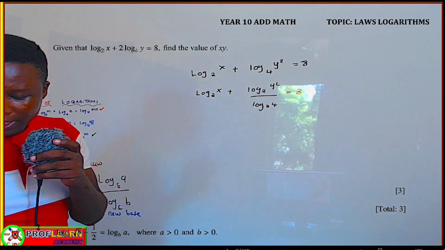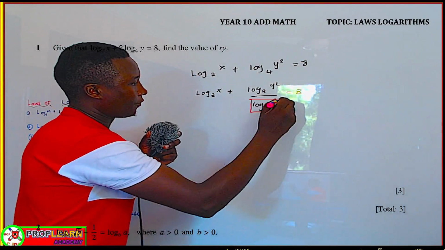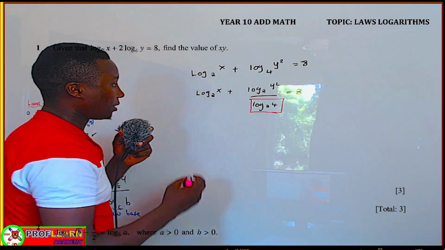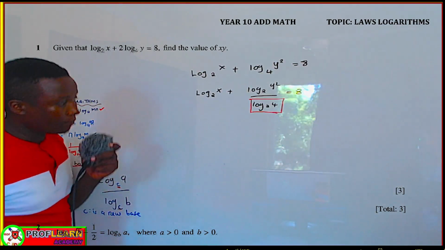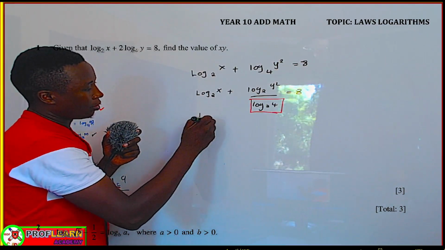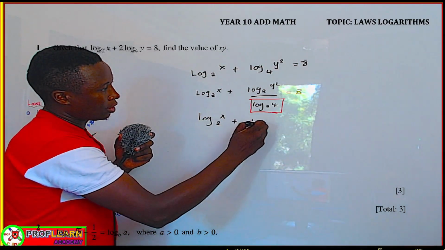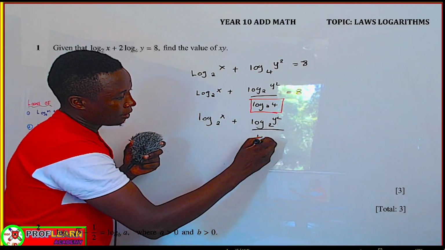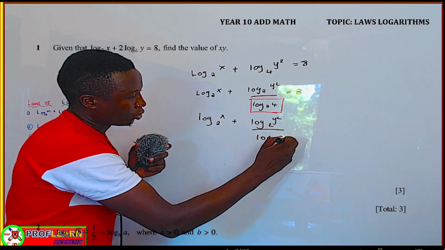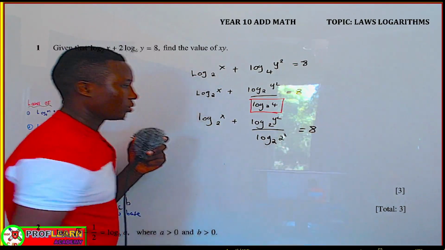Now once we have this, we can simplify further. This is the same as log of x base 2 plus log y squared base 2 divided by log of 2 squared base 2, and that is equivalent to 8.